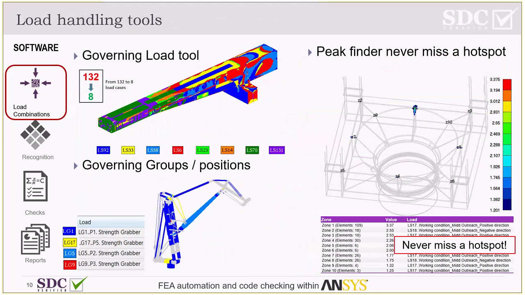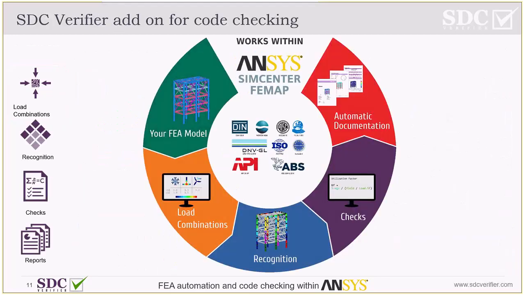Then we have load handling tools, which help post-process this number of loads and reduce the number of load sets by selecting the most crucial ones, the governing loads. We also have a peak finder tool, which shows the maximum results on the model so you don't miss any hotspot or overshoot. So basically, we take your FEA model, do the combinations, and post-process the results.